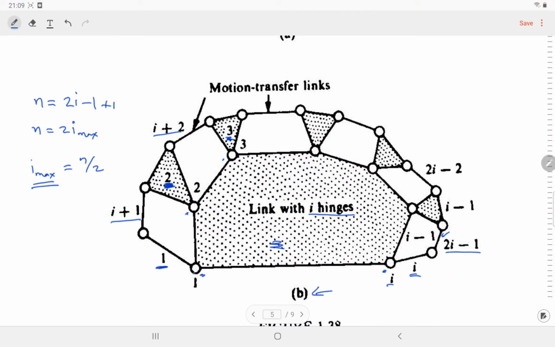If we count all these hinges on this link, that's i. In addition to that we have hinges over here, 1, 2, 3, 4, 5.